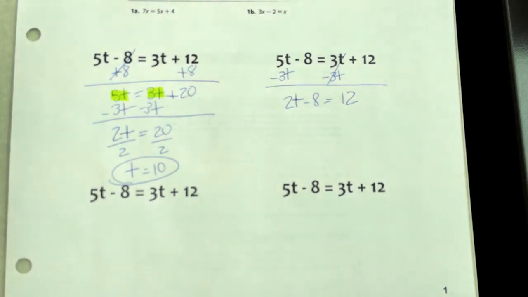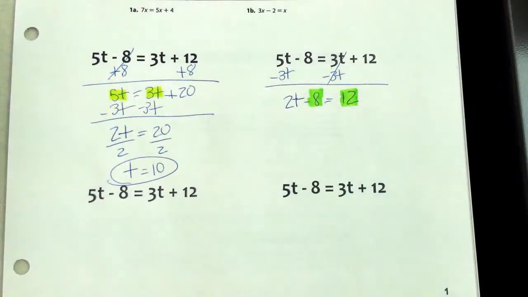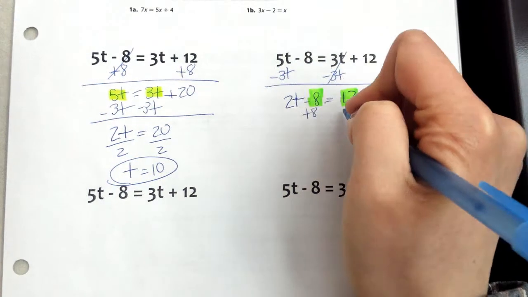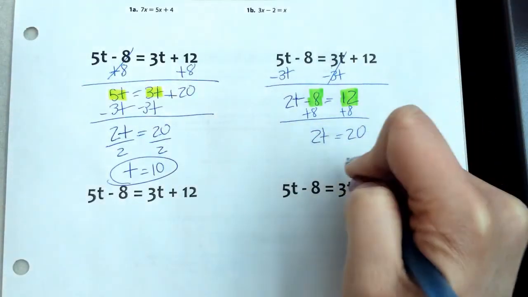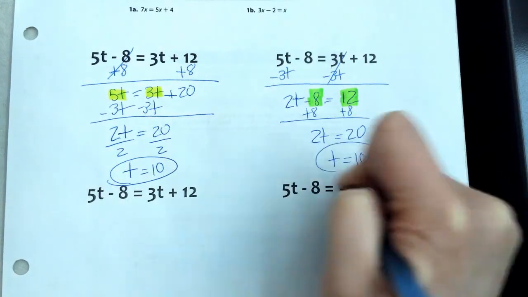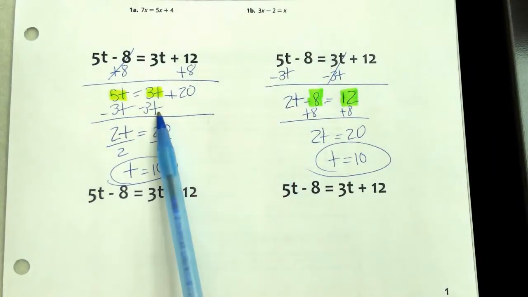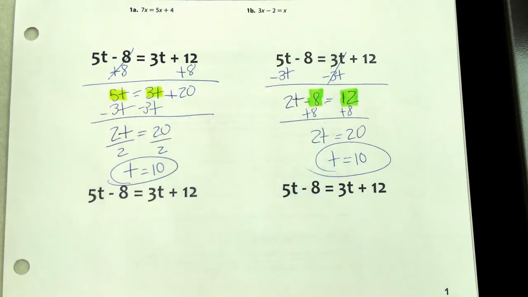On the other one, my like terms are my constants. So I need to get those on the same side. So since it's a minus 8, I would add 8. And notice it should look very similar to the last problem now, and t is going to be 10. Notice we did the same steps, minus 3t, plus 8, just in a different order.